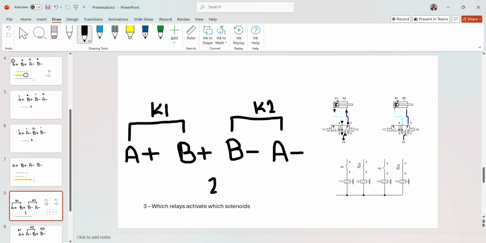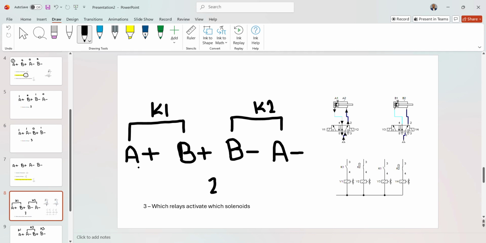So A plus and B plus will be connected by the same relay. Then we said the following one is B minus, so we cannot connect 2 sequences for the same cylinder using the same relay. We need a different relay, which is K2. Then we jump again, we find A minus, which is not the same, so I can connect these two with the same relay, which will be K2.